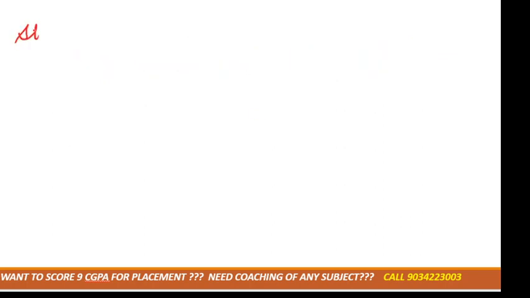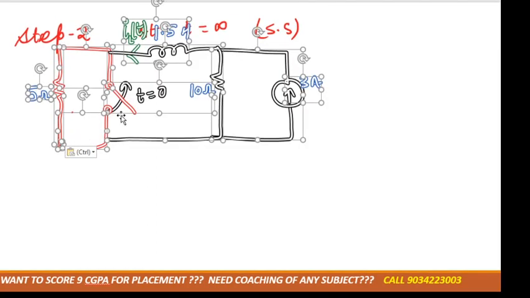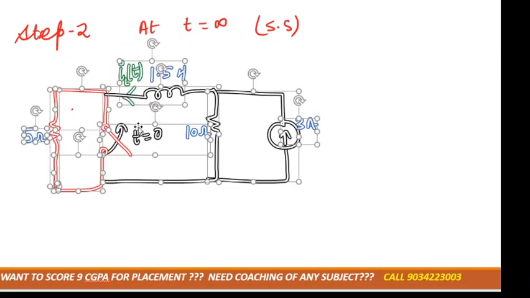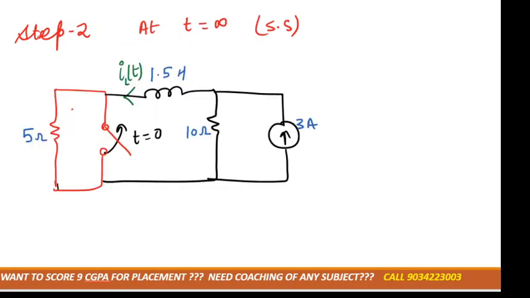In the next step, step number 2, we have to calculate at t equal to infinity. Again, that was the steady state condition, right? Now for this, switch is opened or closed?